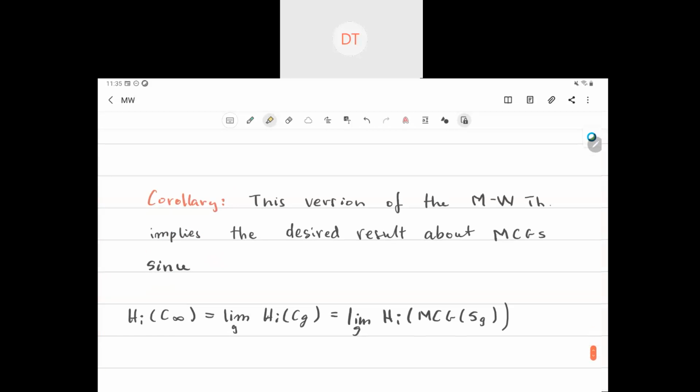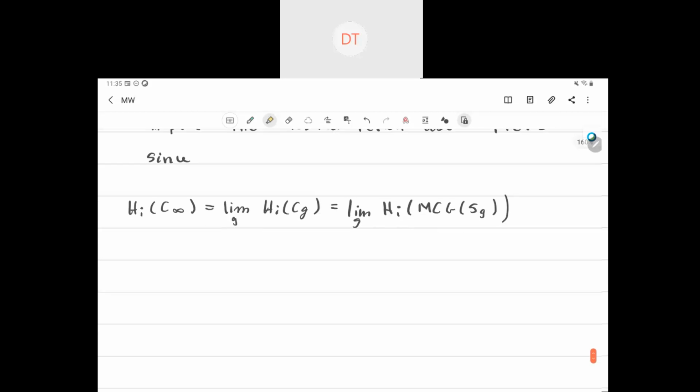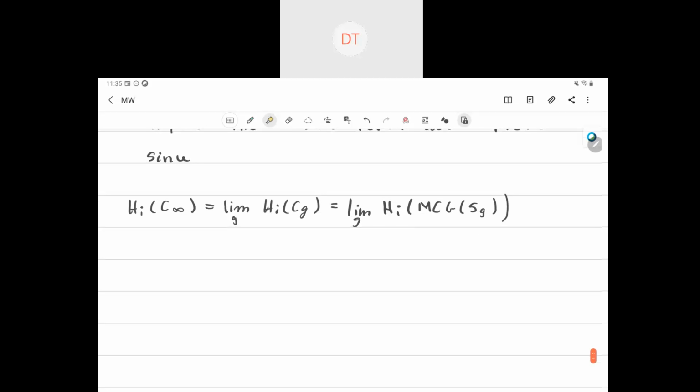All right, and more precisely how we can actually use this to compute. One uses this result to compute the homology of the mapping class group, precisely because of this homology of C infinity. It's just the limit over G of the homology of the C G's, and I claimed that C G is an Eilenberg-MacLane space.